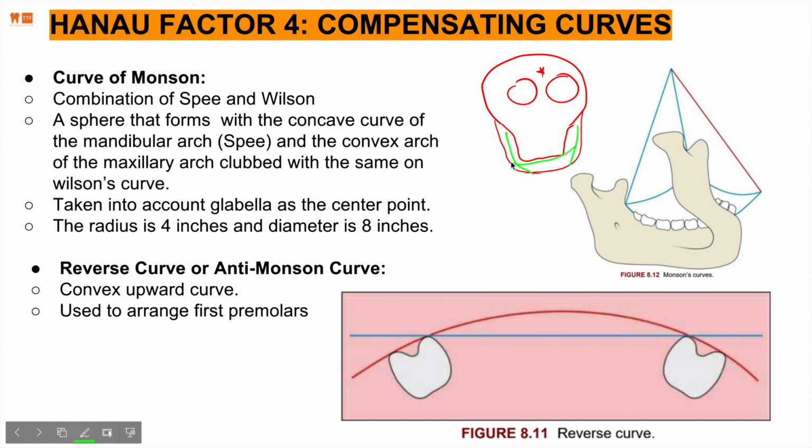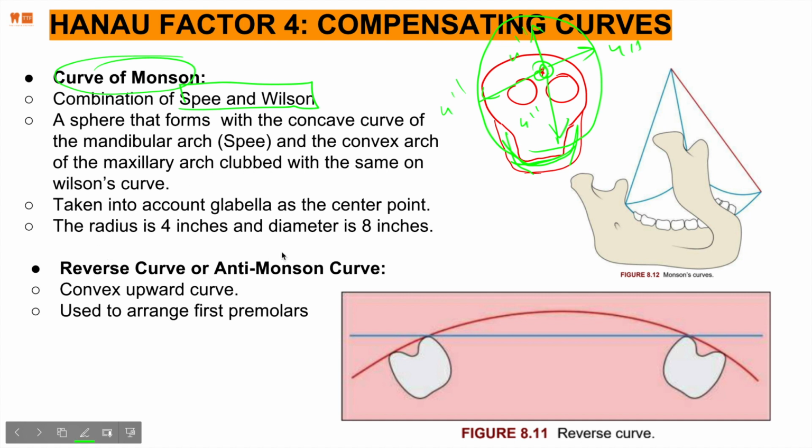The curve of Wilson would be mediolateral. Now imagine this entire circle going around like this, where the center is glabella and the radius is 4 inches on each side. Okay, this is curve of Monson. Combination of Spee and Wilson.